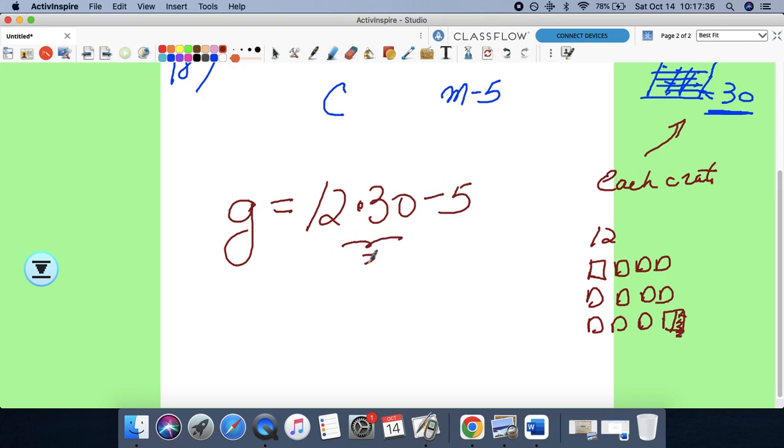So 12 times 30 is 360 minus 5, so I'm actually carrying 355 eggs to the market. Going back, G equals, and 12 represents the number of crates, 30 represents the number of eggs, which is M. There is my expression. Which still doesn't look like anything, but here we go. They want to leave minus 5 here.